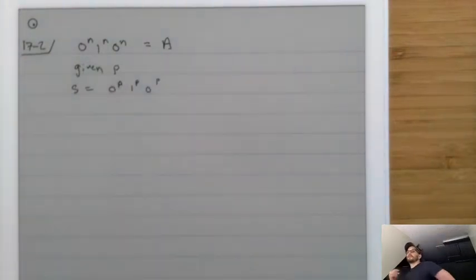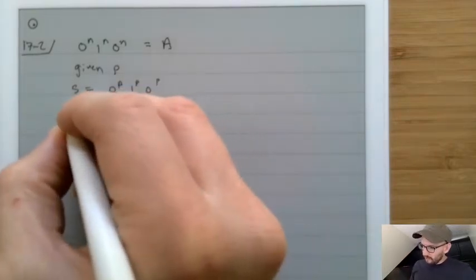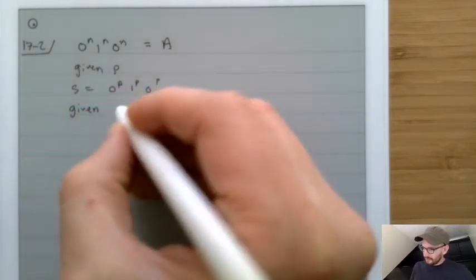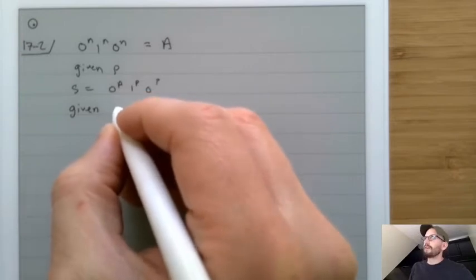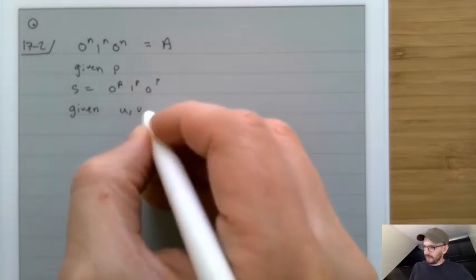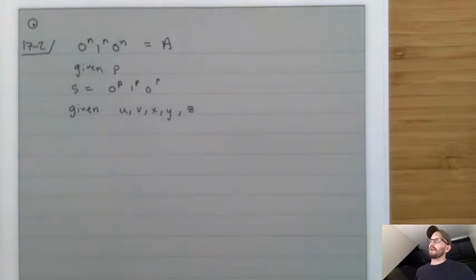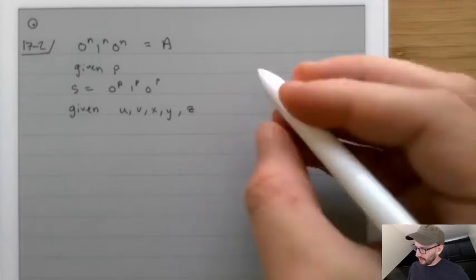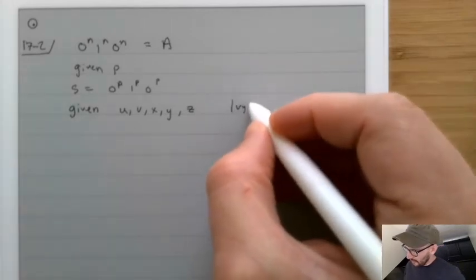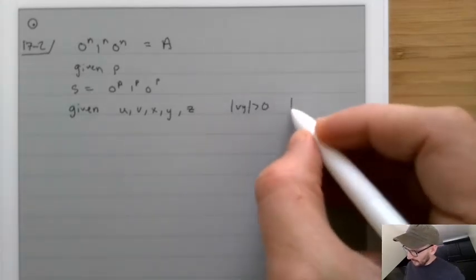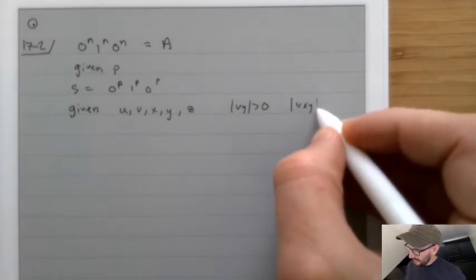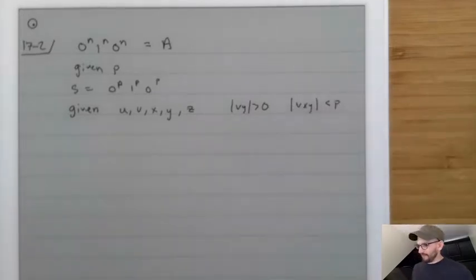All right, so now what's going to happen is that we will be given u, v, x, y, and z. Of course we know that the length of vy is greater than 0 and the length of vxy is less than p.